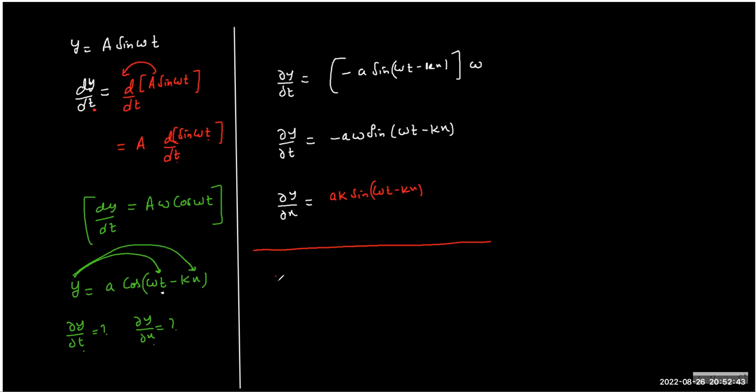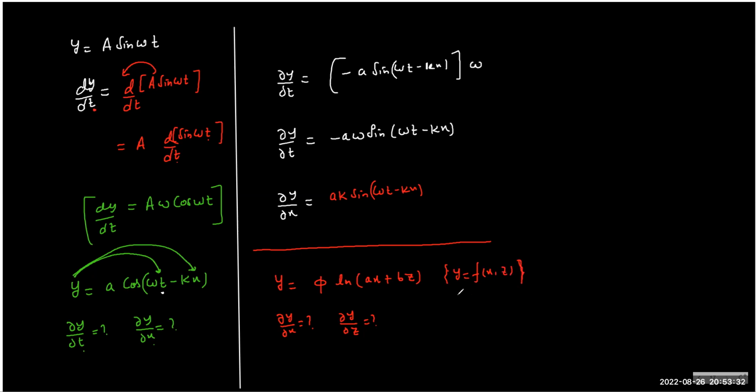So if I give you the question y equals ln of ax plus bz, basically here y is a function of x and z.